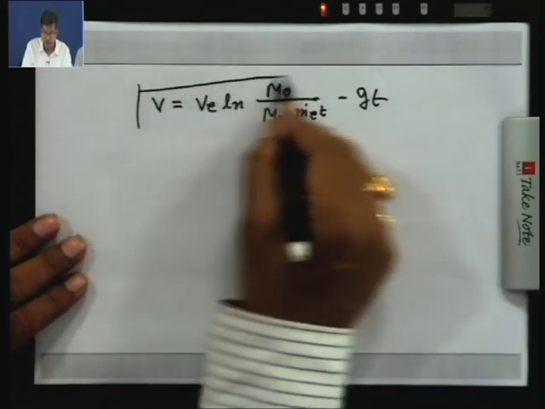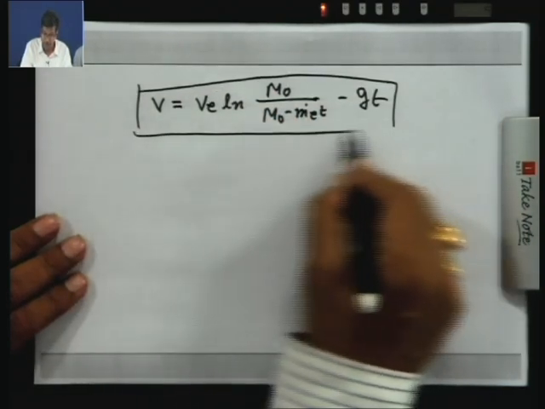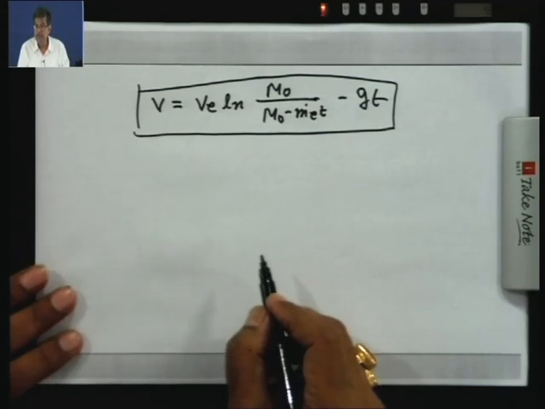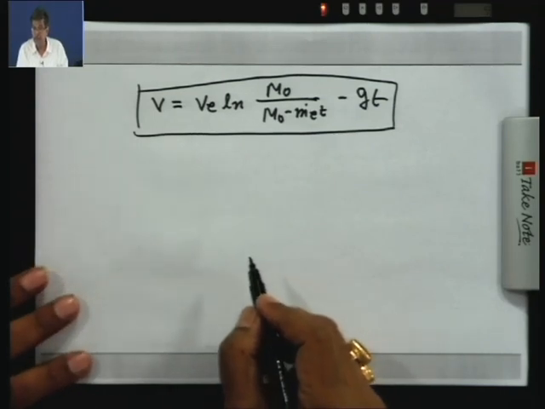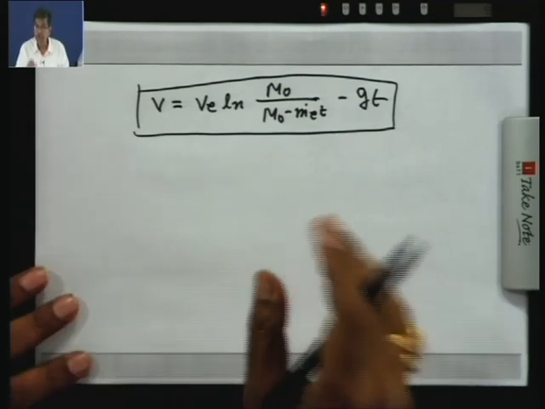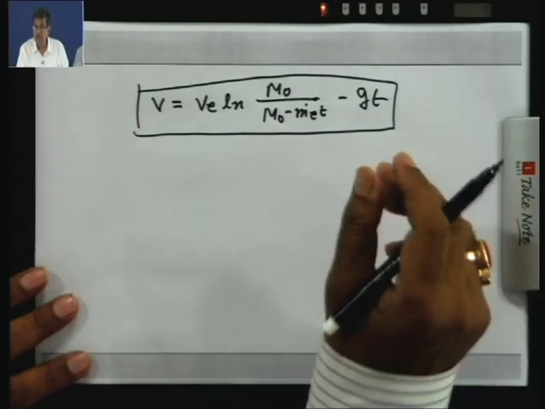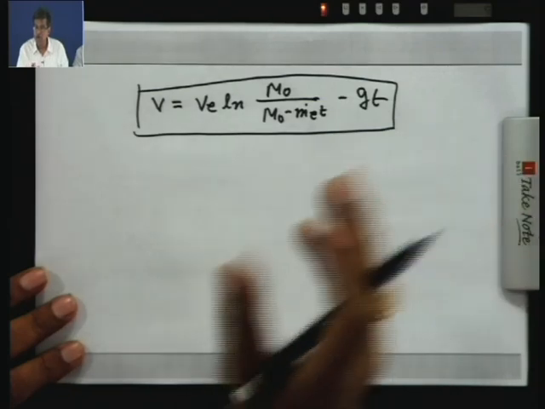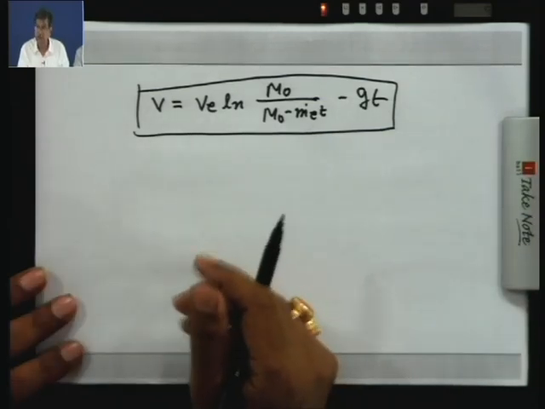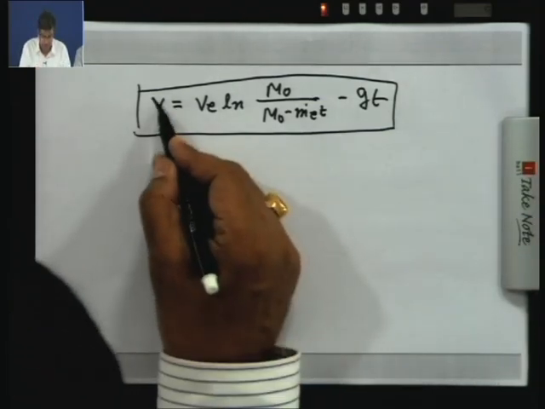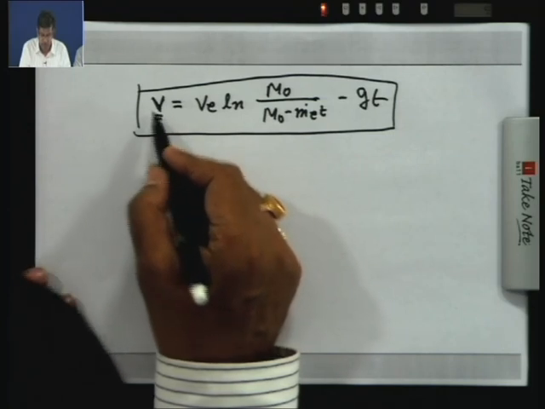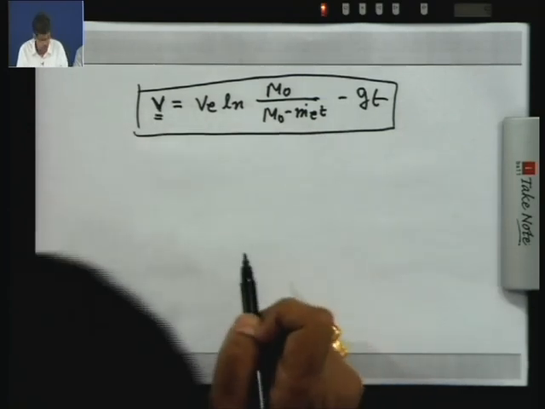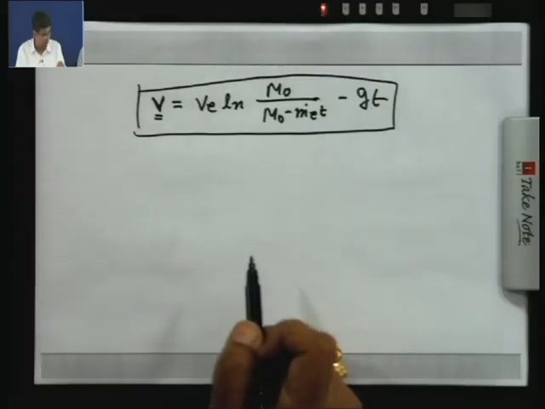So you see how we have applied the conservation of linear momentum by the Reynolds transport theorem, described with reference to an inertial control volume which is accelerating, having a linear acceleration, and we get an expression for the instantaneous velocity. So this is one very clear example.